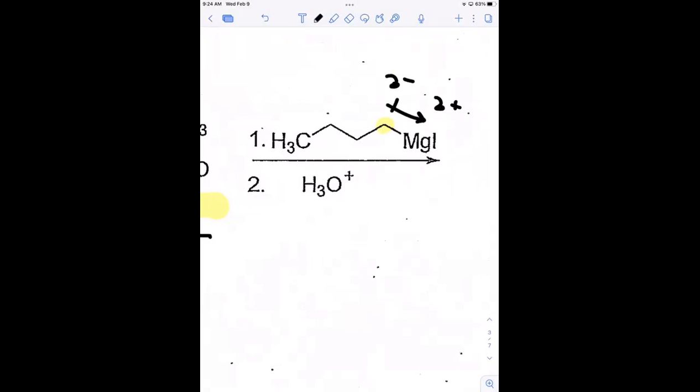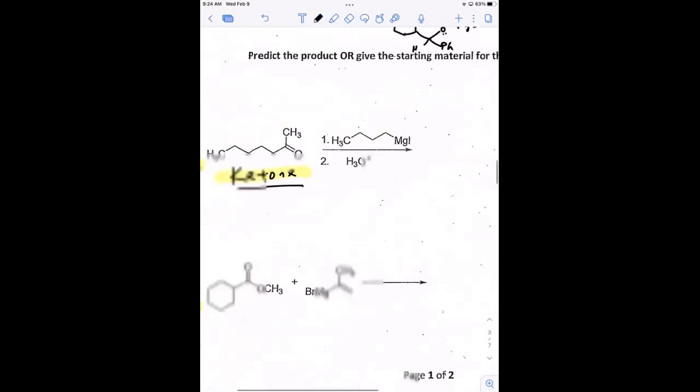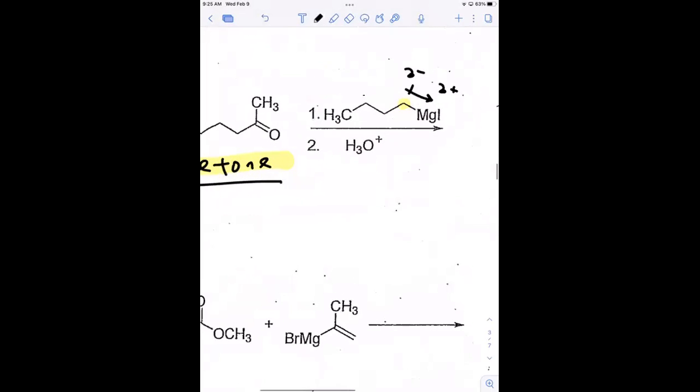So it's always the carbon in the Grignard that attacks the carbonyl. Now we know where the electrons are coming from, because now this is all just nucleophile-electrophile chemistry.